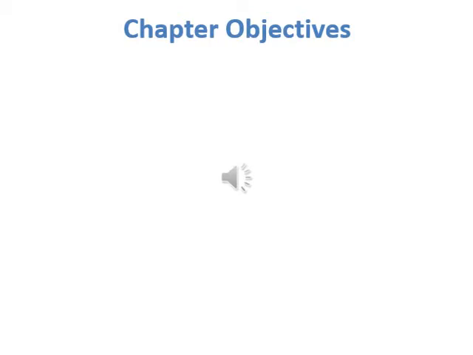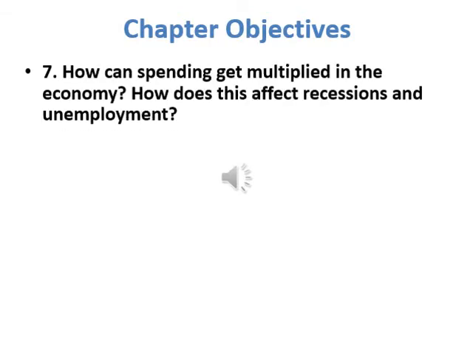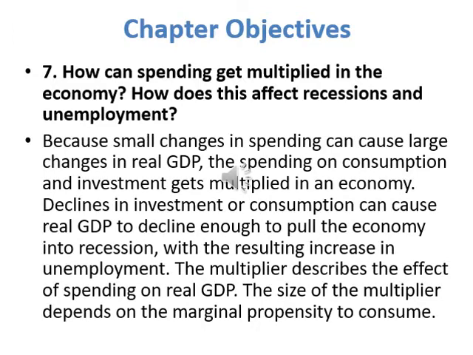Chapter Objectives. 7. How can spending get multiplied in the economy? How does this affect recessions and unemployment? Because small changes in spending can cause large changes in real GDP, the spending on consumption and investment gets multiplied in an economy.